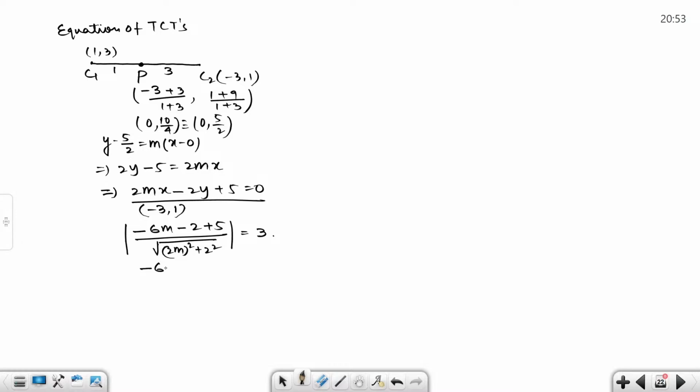So from here we are getting |6m minus 3| equals 3 times root over of 4m square plus 4. So let me square both sides. We are having (6m minus 3) whole square equals 9 times (4m square plus 4).